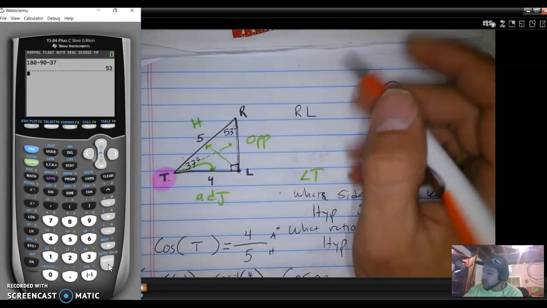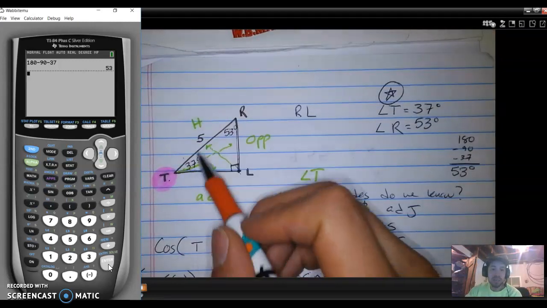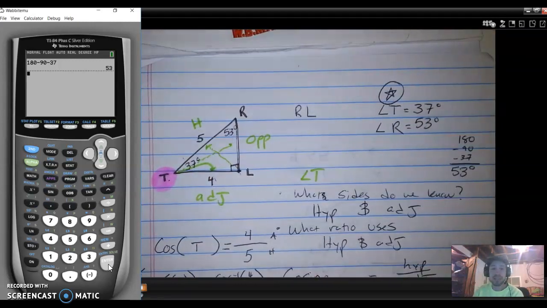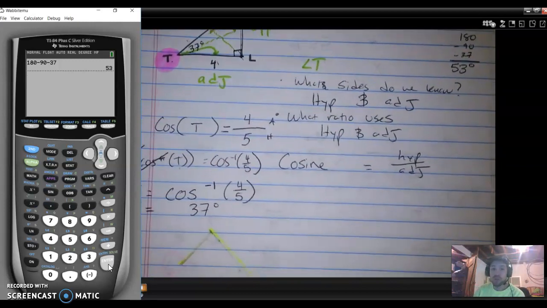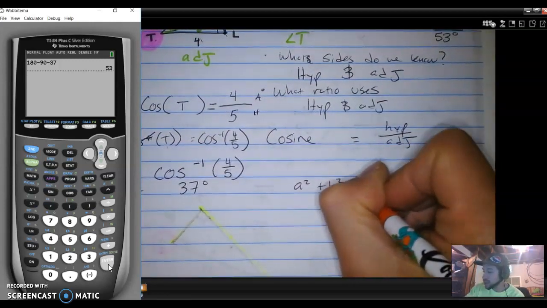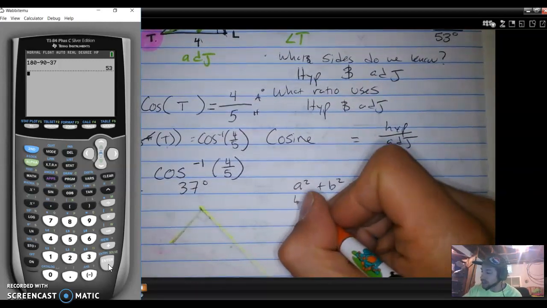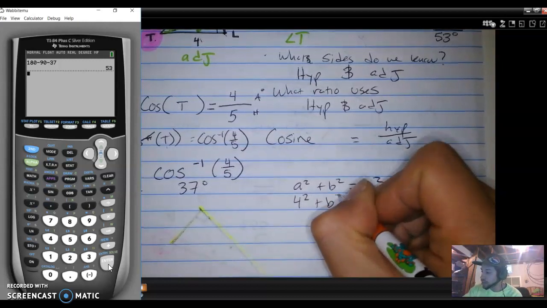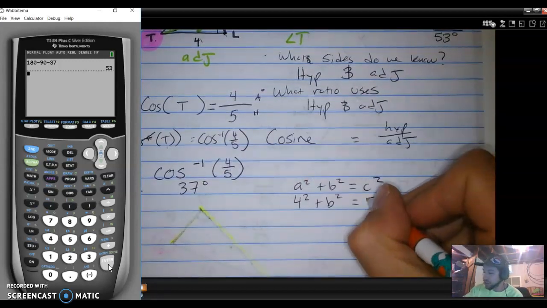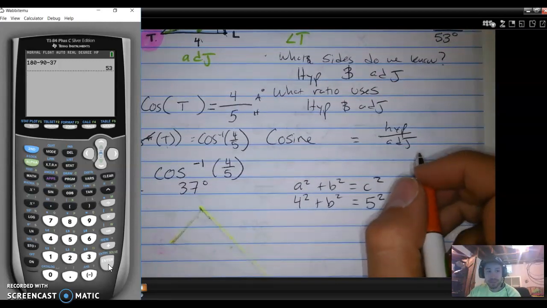Now, if we look at our third side, RL is the last side we need to find. Luckily, we know the other two sides, right? So if you know two sides in a right triangle, you can use the Pythagorean theorem. We know our adjacent side, 4 squared plus b squared equals the hypotenuse, 5 squared. Make sure the hypotenuse is over here.